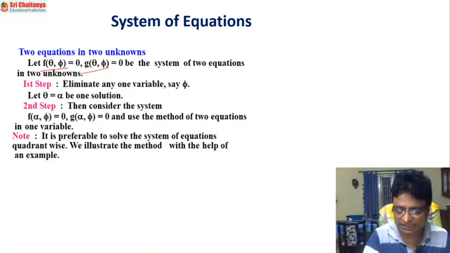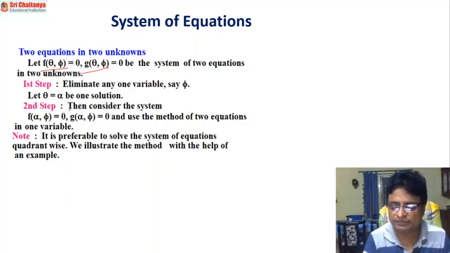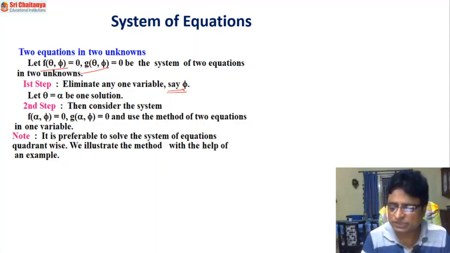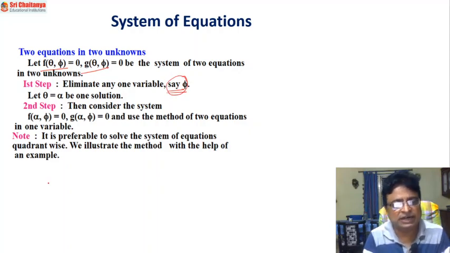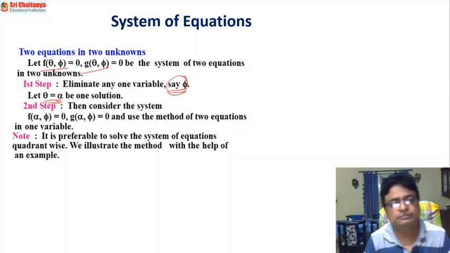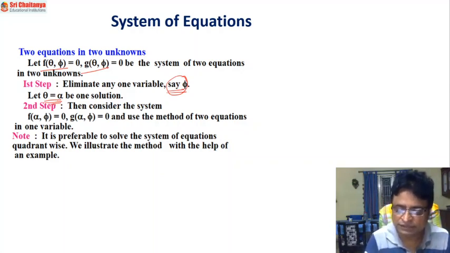So here I am giving the steps. Step number one, eliminate any one of the variables, say theta or phi. Suppose I have eliminated phi, then I will get the entire equation in terms of theta only. So after solving, I will find the solution for theta. Let the solution of theta be alpha. Then now you substitute the value of theta in the given equation.